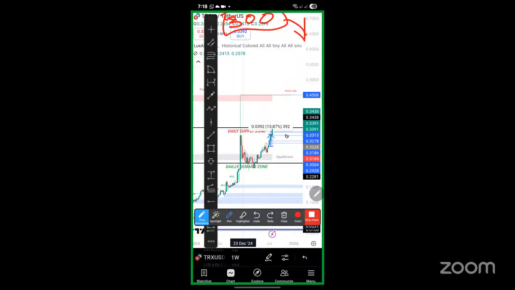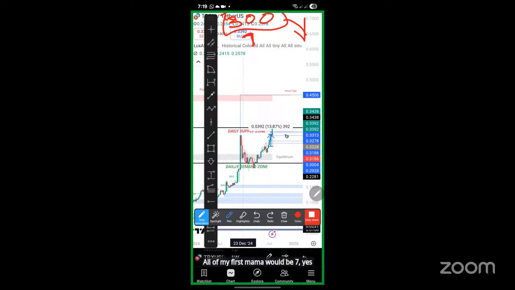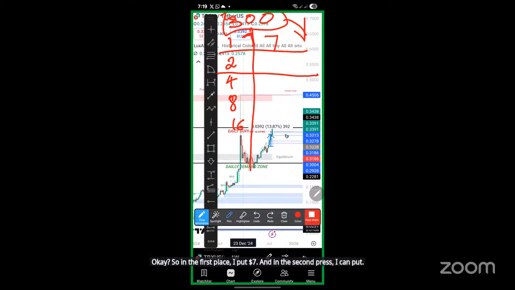Let my first buying amount be 7. Because my margin calls will be 1, 2, 4, 8, 16. So in the first place, I put $7. And in the second place, I can put 14.